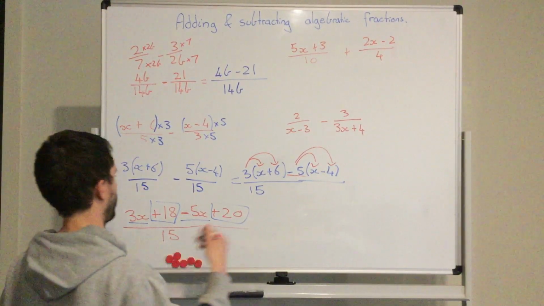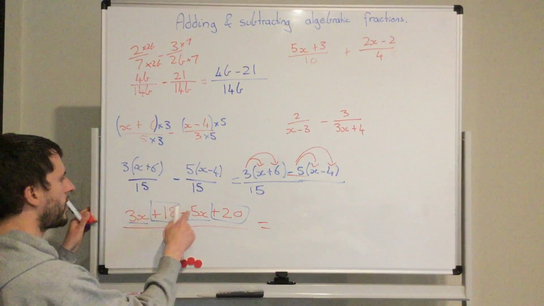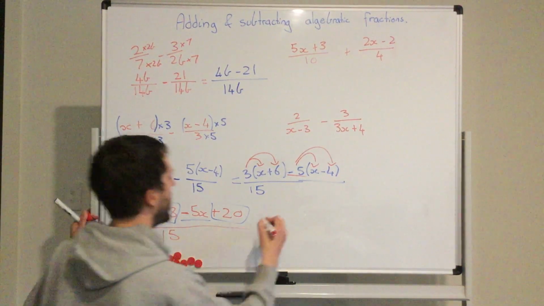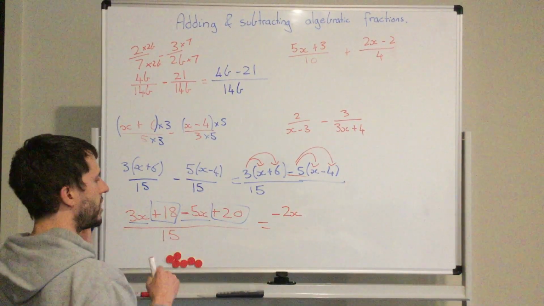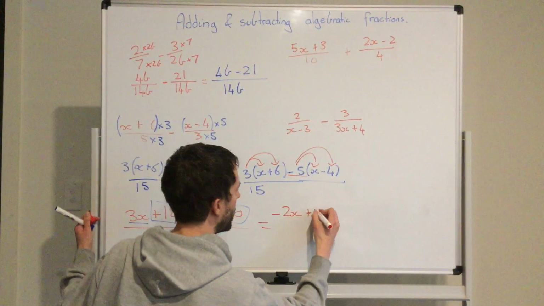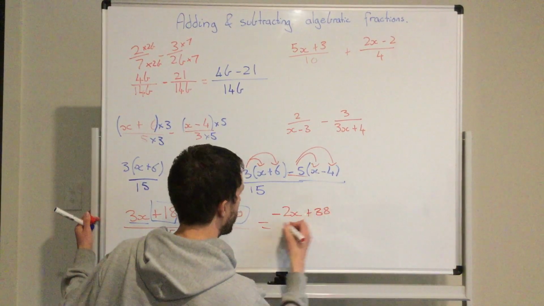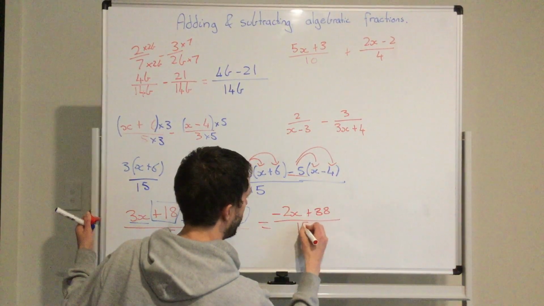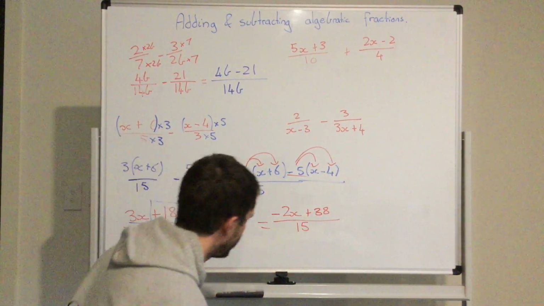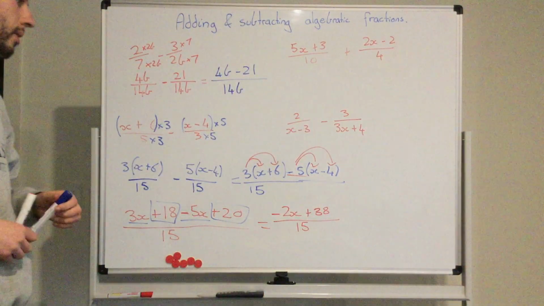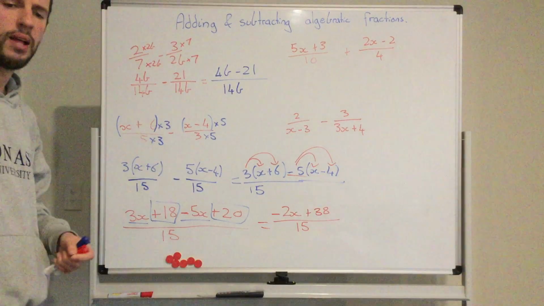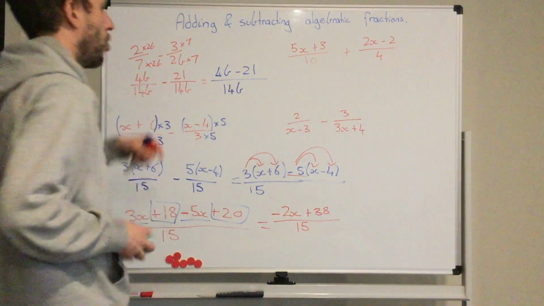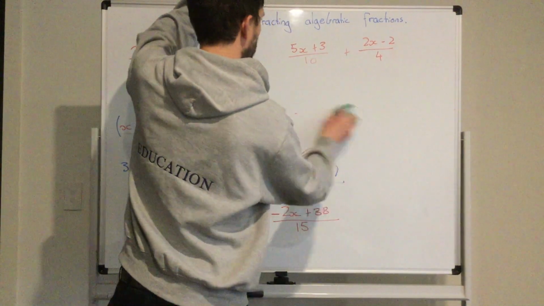So 3 take 5 equals negative 2x. 18 plus 20 equals 38 over 15. And there you have it. That is our answer. I'll do one more question.